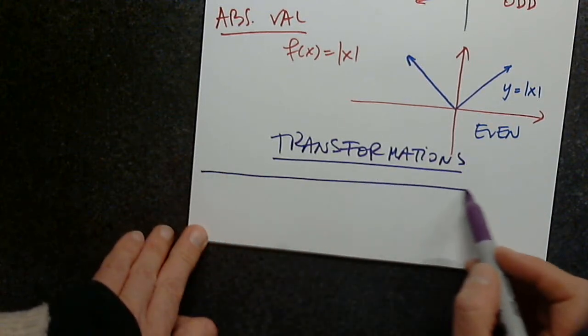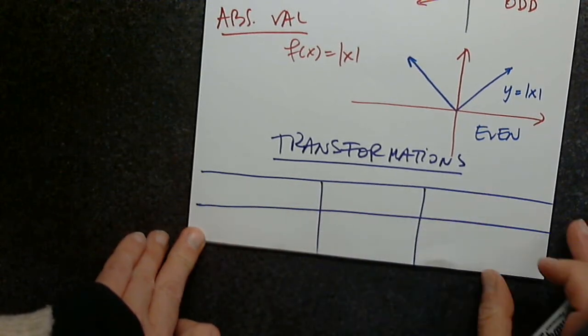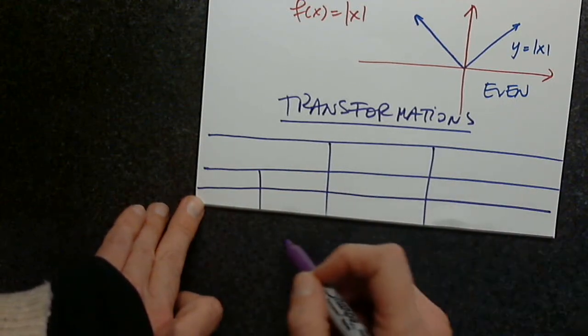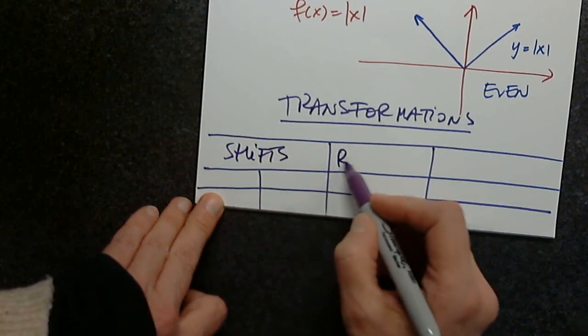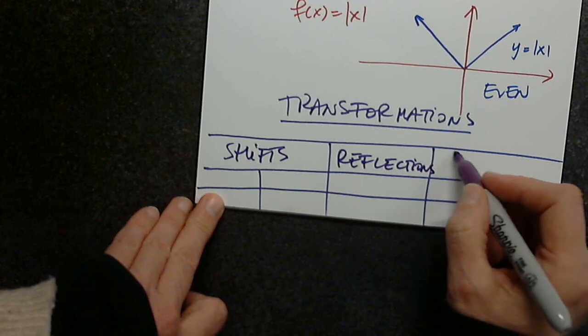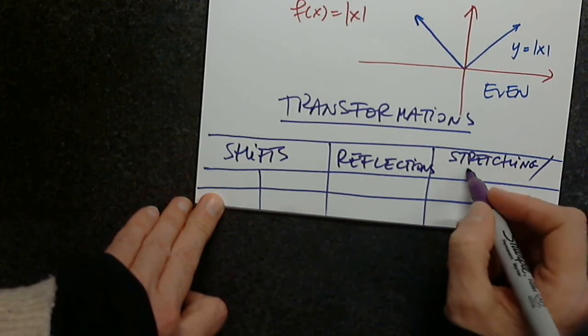As I said, there are 3 categories and 2 categories within each category. Shifts, reflections, stretching, shrinking.